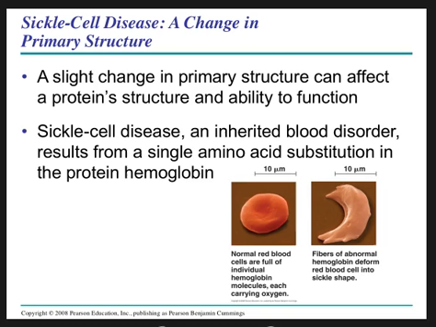And on the right, what we see is a sickle cell. So that is a red blood cell in the sickle shape. That's how the disease process got its name. What happens is I have abnormal hemoglobin. So I have fibers of abnormal hemoglobin, and because of their structure, they form differently, and they appear to be a deformed red blood cell.